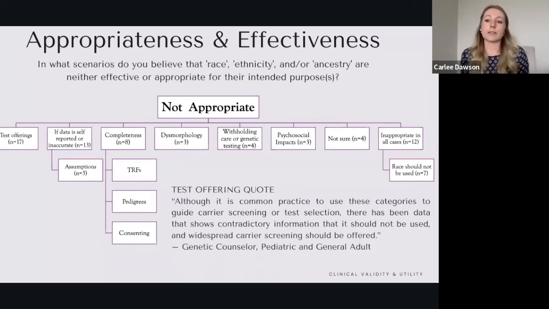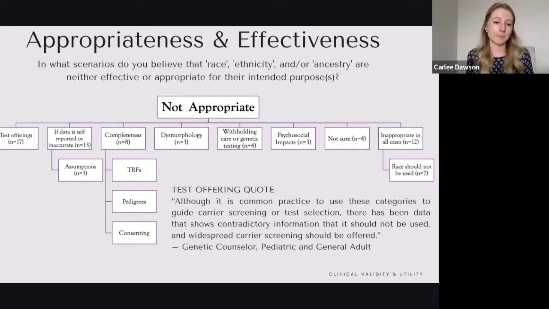Scenarios for which participants had believed was ineffective had also included test offerings, which I found to be a little interesting. So we see that there are conflicting views on whether the utility of REA is appropriate or not appropriate for test offerings. And I think the following quote sort of summarizes that contradictory statement.